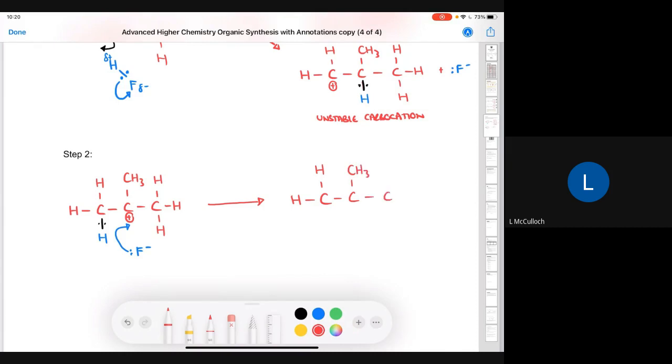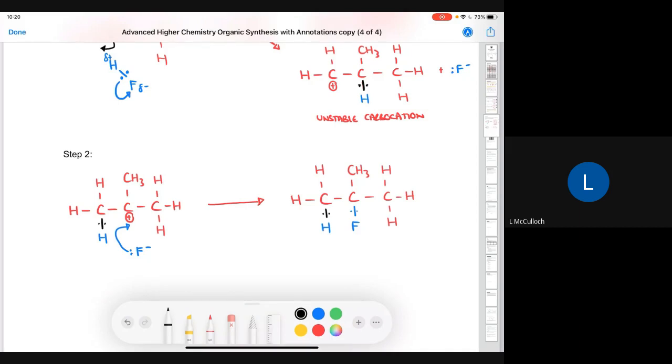So when we look at our product, that bond there that I'm forming between the carbon and the fluorine, I'm going to have that as a blue bond because it's the blue electrons from the fluorine that are in that bond. Now again, when you are drawing these in your exam, if you're asked to draw an addition reaction mechanism, you don't need to put those electrons in, you don't need to colour code the bonds or the atoms.